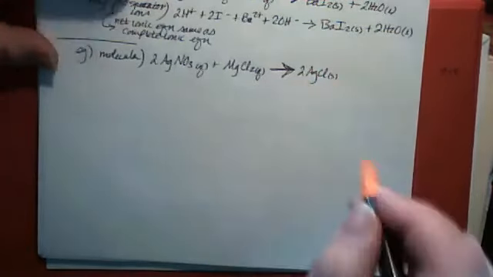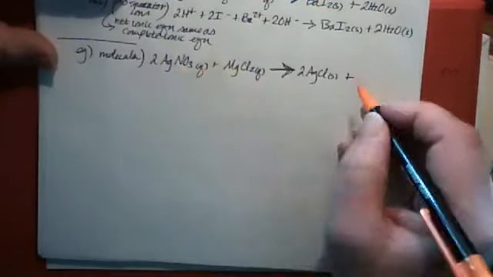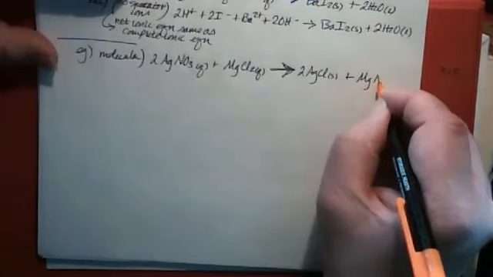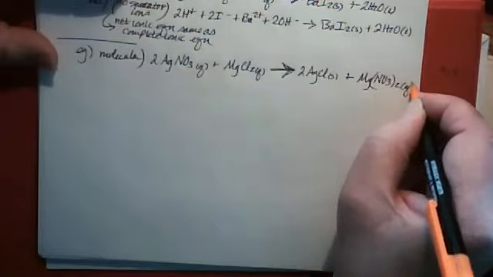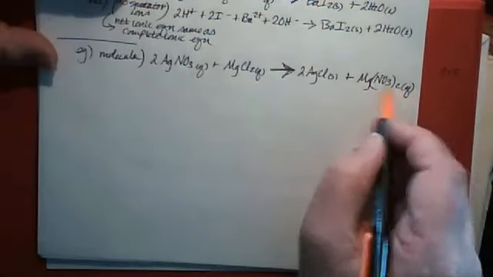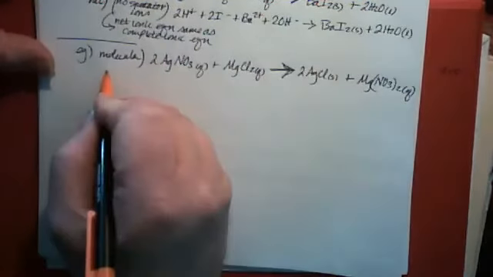And if you look it up, silver chloride is insoluble in water, so there's your driving force for the reaction right there. You will also get magnesium nitrate. Being a nitrate type compound, this is soluble in water, so that's aqueous.